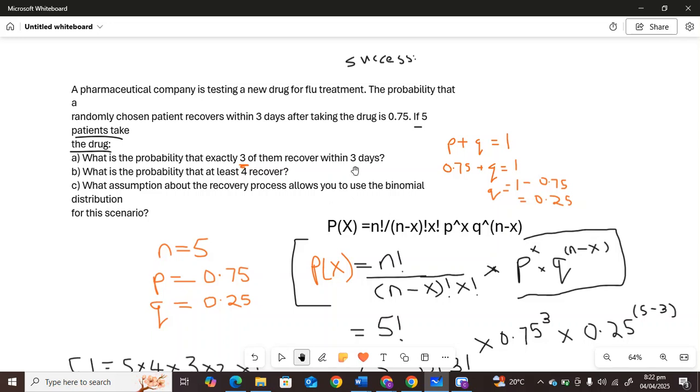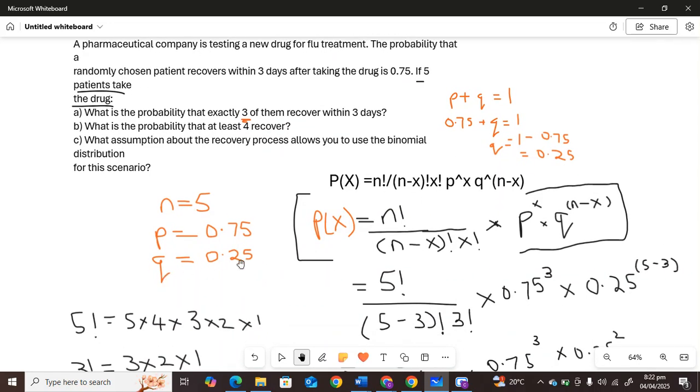So the probability of recovering is 0.75 or 75%. Then the probability of not recovering is 25%, because percentages add up to 100. That's why we say probabilities add up to 1. That 1 can also represent 100%. So if the probability of recovering is 75%, then the probability of not recovering is 25%. That's how we got this Q equals 0.25. Are we okay with that, sir?